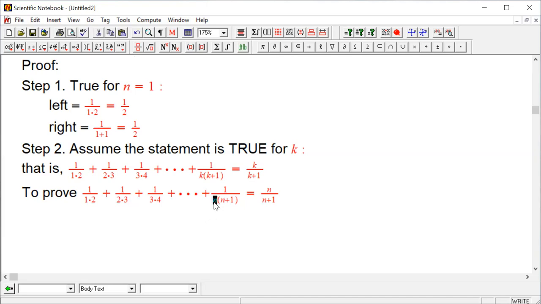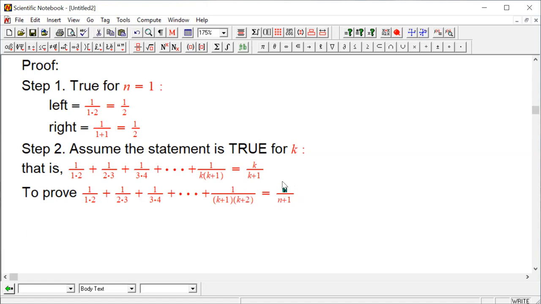So now n becomes k plus 1. N is replaced by k plus 1, so that piece becomes k plus 2.